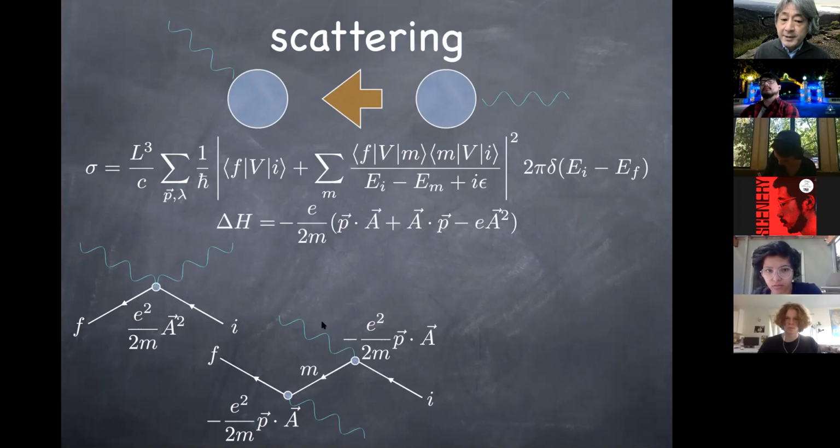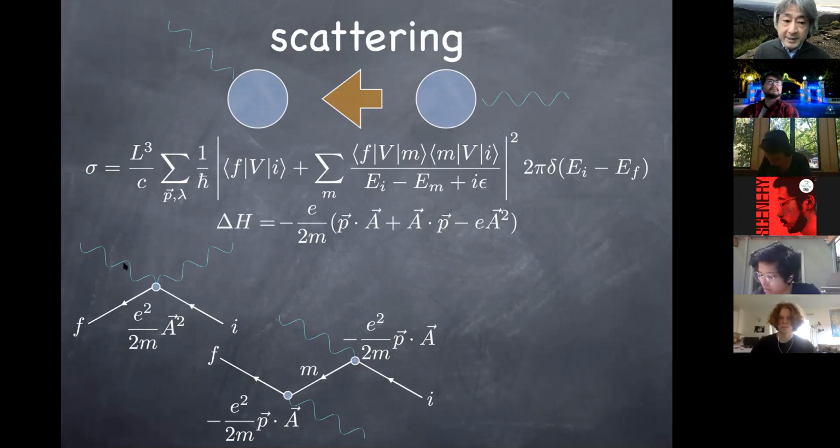So that's the intermediate state here, which you stick into this sum. And then a second use of the same operator can then annihilate the photon you had in the initial state. So the initial state photon is now gone, and you end up with only the electron from this part of the process. But the photon you created at the first use of the interaction Hamiltonian is still there. So that's how you end up with a scattering process.